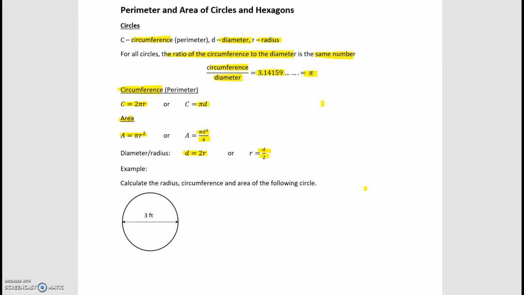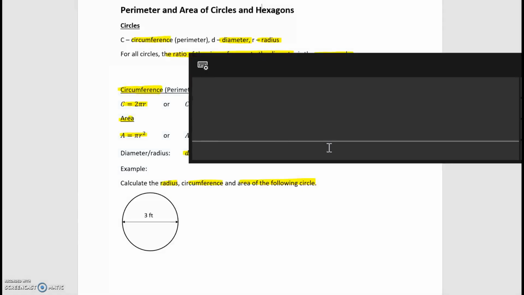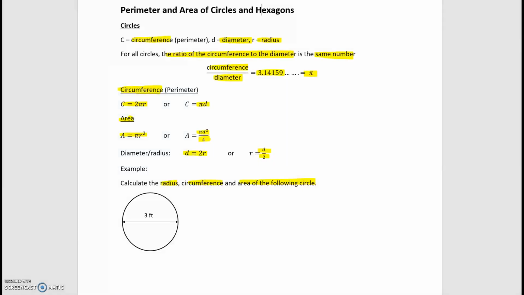So now we're going to take a look at calculating the radius, the circumference, and area of this following circle. Okay, radius is equal to diameter divided by 2. The diameter in this case is 3 feet, divided by 2, right? This is your diameter. And so that's 1.5 feet. Easy enough. Next, circumference is equal to, we can pick either formula, 2 pi r or pi d, since we have both pieces of information.